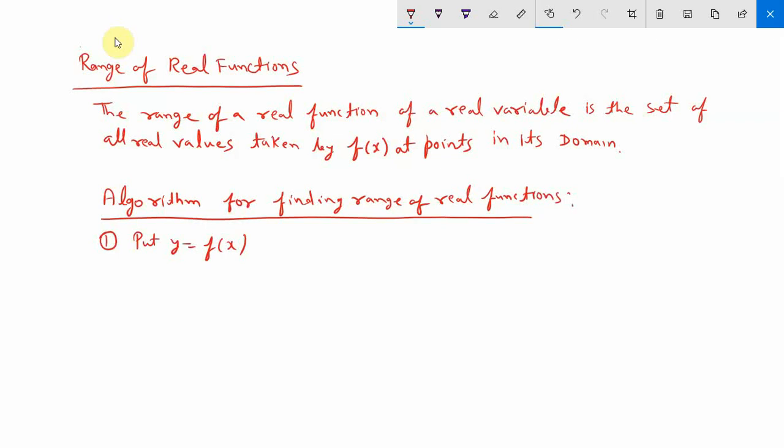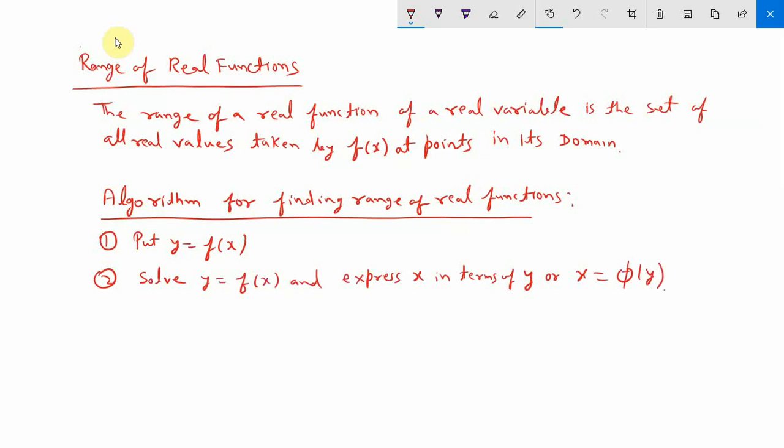Then solve the equation y = f(x) for x in terms of y, that is, express x as a function of y, or x = φ(y). Okay.